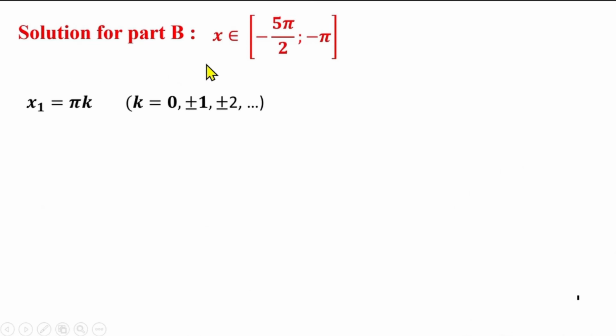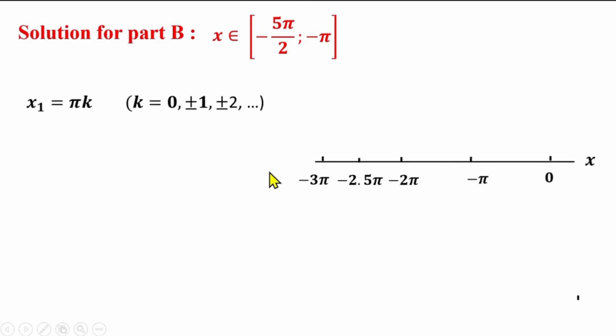Solution for part B. We will start with analysis of the root x1 equal pi times k. We need to see the possible k when x1 will be inside of this interval. To do this, we introduce the number axis with the following specific points: 0, -pi, -2 pi, -2.5 pi, and -3 pi.